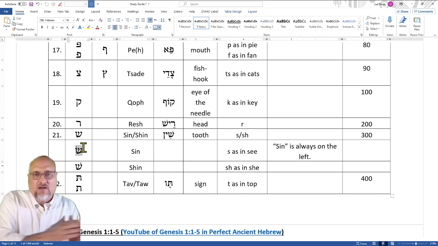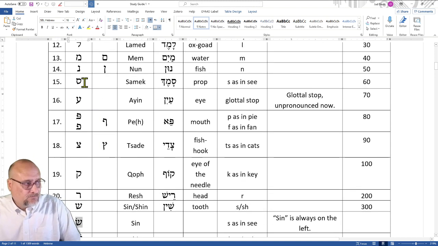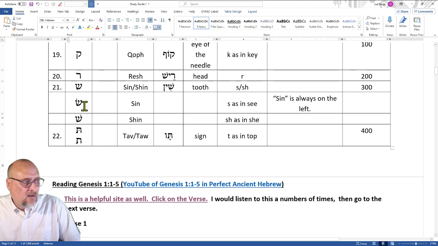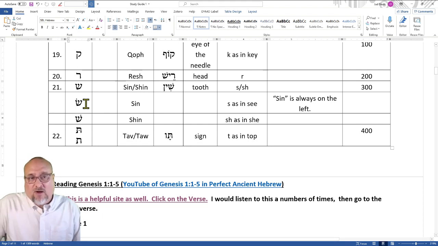So sin, shin. And you're going to ask me, well, what's the difference between a samik and a sin? And we have no idea. For native speakers in the ancient world, there was a difference, but for us, it's just the S sound.